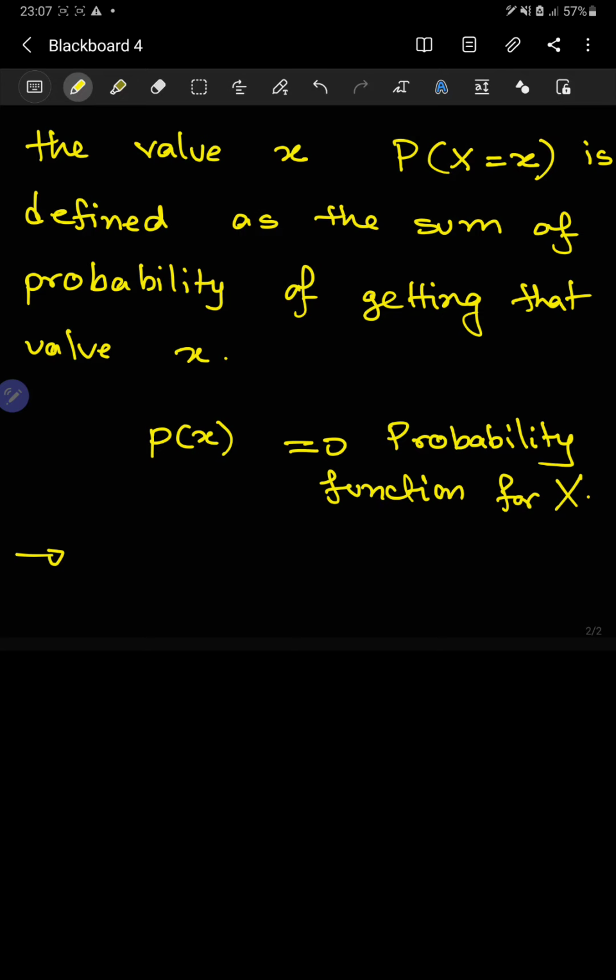So the next thing we should know is the probability distribution.